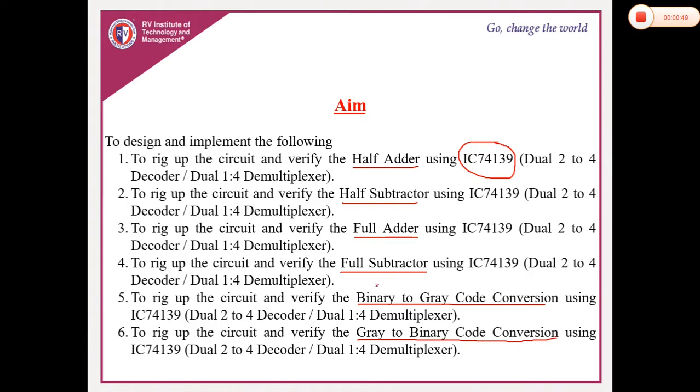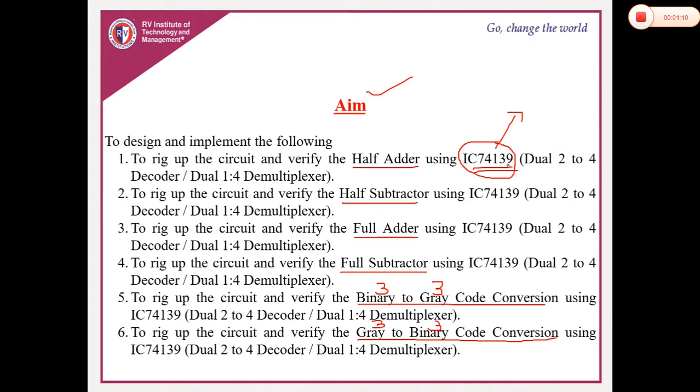We are going to convert a 3-bit binary to 3-bit gray code, and similarly 3-bit gray to 3-bit binary code, using the 74139 IC. So basically we should know something about this 74139 IC, which we will see now. That is the main aim of this experiment.